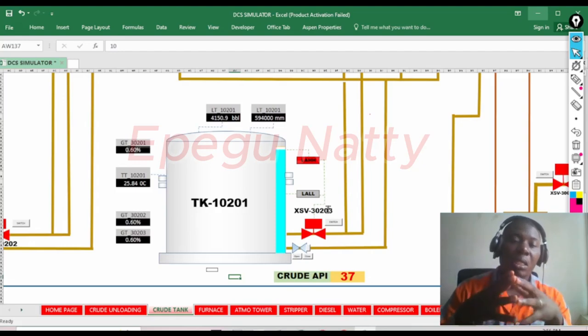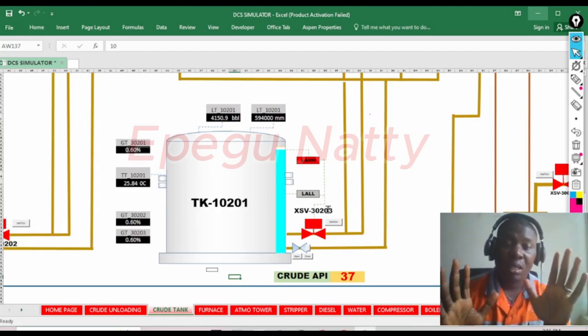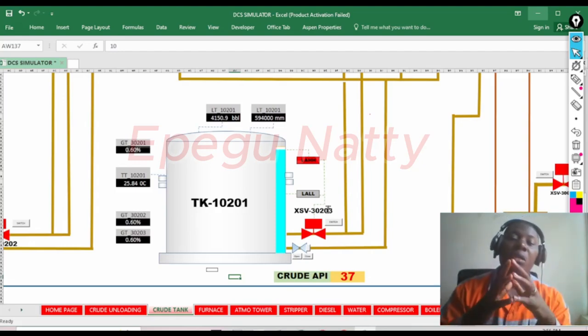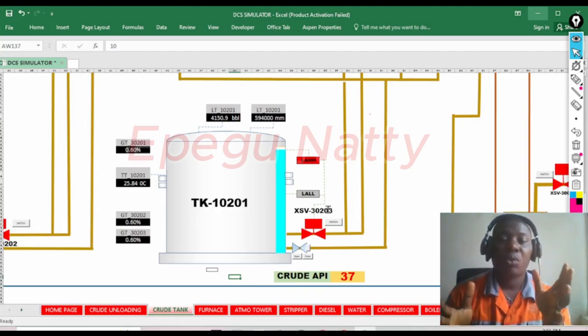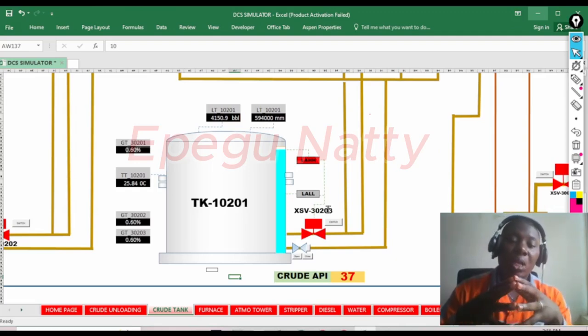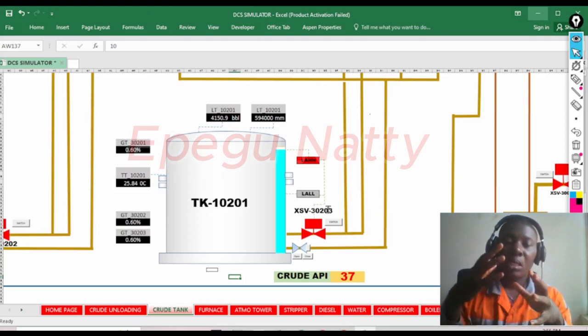Now this DCS is programmed with Excel. Excel is free, okay? So the essence of this video is to demonstrate how we can use this simulator to demonstrate the loading operation and then the safety aspect of the loading operation, which is the safety instrumented system.